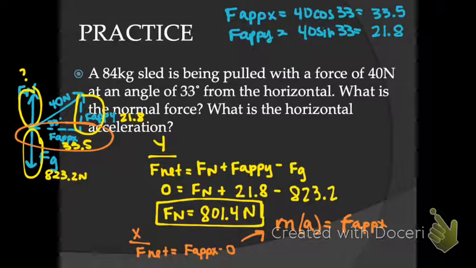Now I plug in the numbers: 84 times a equals 33.5. Which way would I divide? I divide by 84, to move that over to the correct side. 33.5 divided by 84 gives me an acceleration of 0.4 meters per second squared.